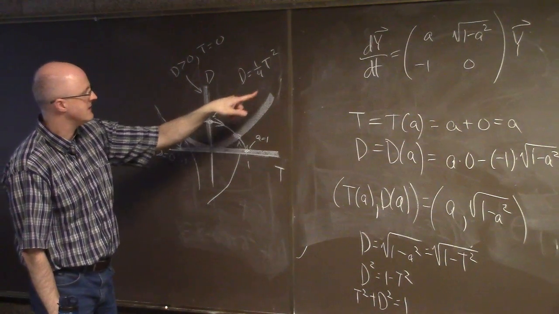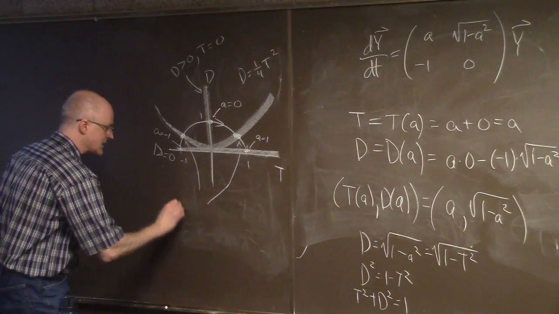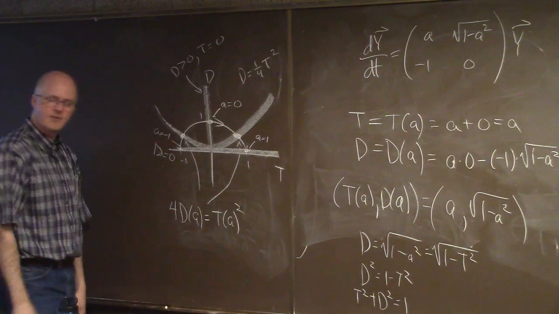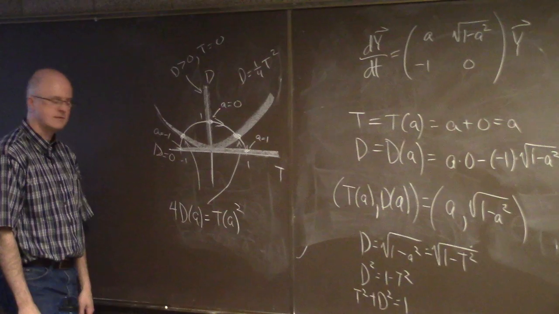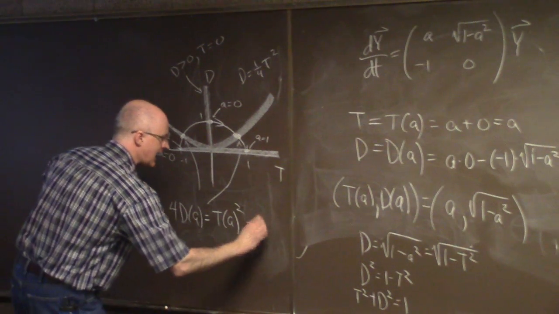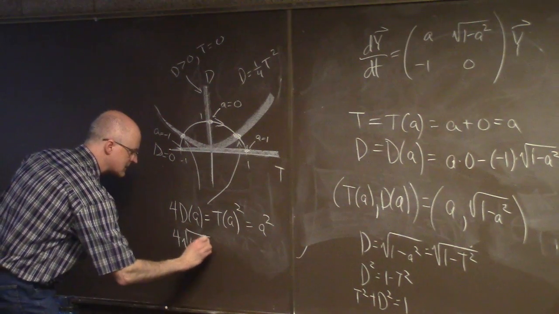Replace d with d of a, replace t with t of a. I'll write the equation like this. You essentially have to solve that equation for a. T again is simple, that's just a. D is a bit more complicated, it's square root of 1 minus a squared.